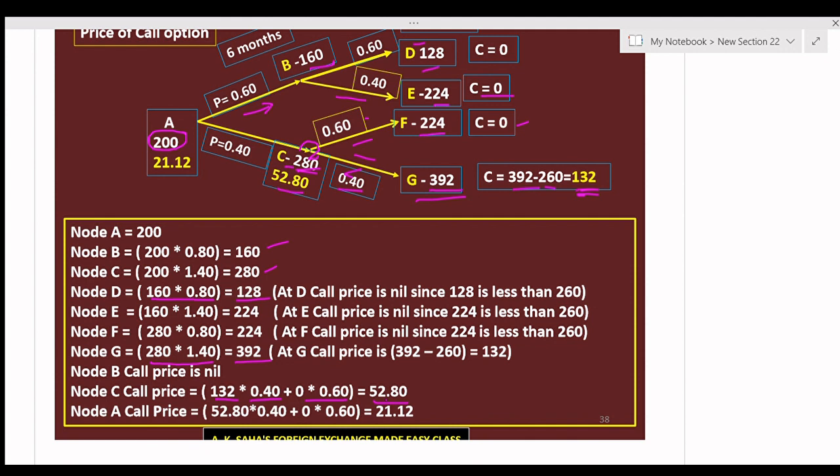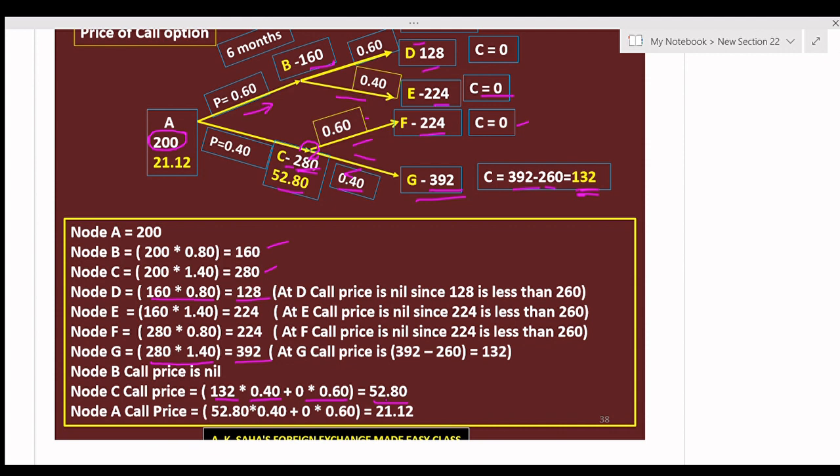If you find out the present price, it will be divided by the interest rate. And if that interest is compounded annually, not continuously compounded, then it will be divided by e to the power r.